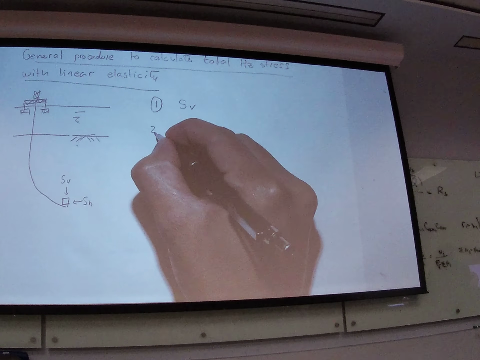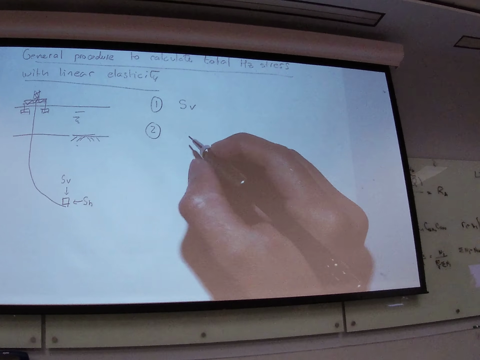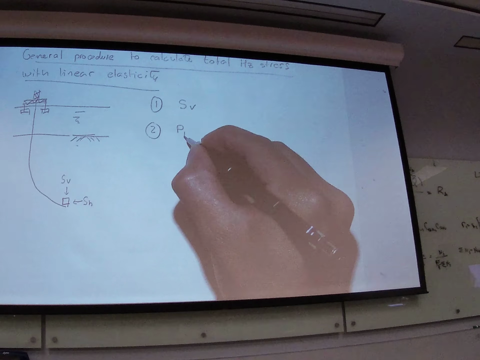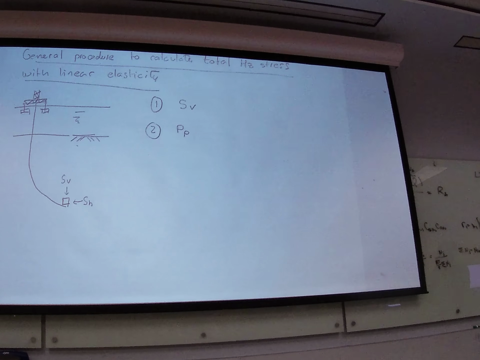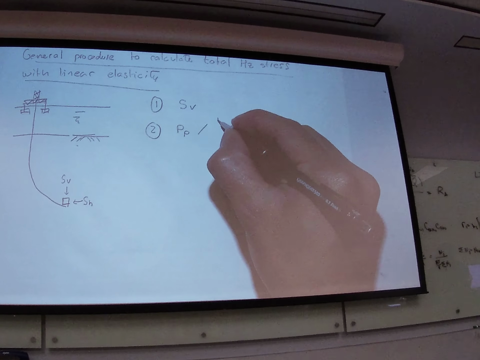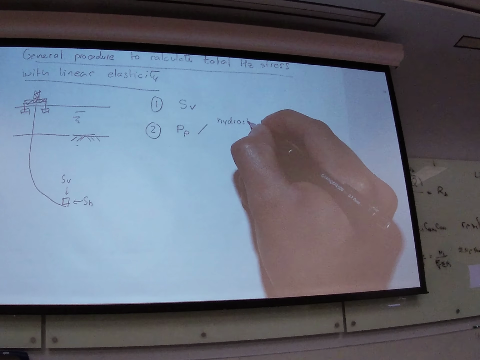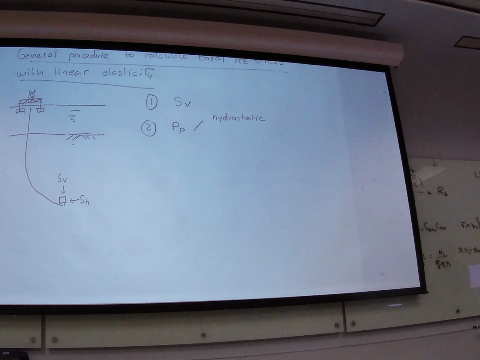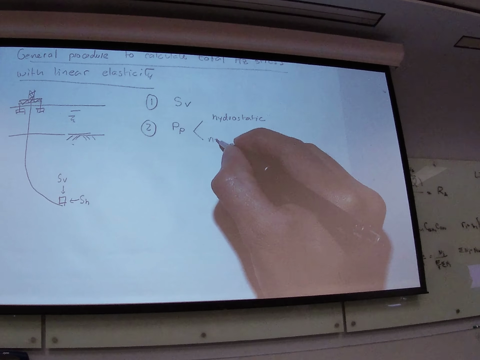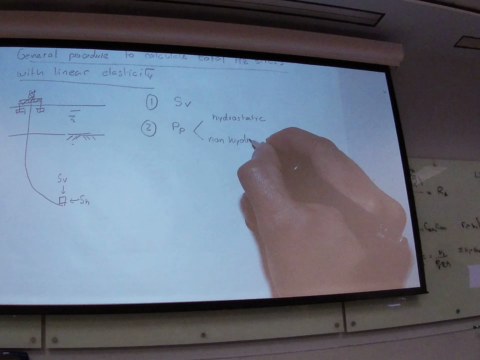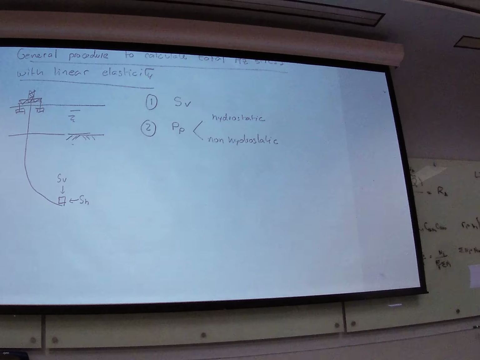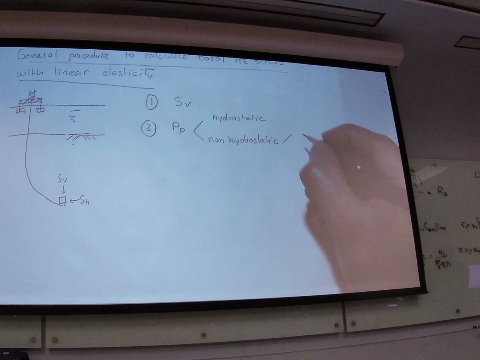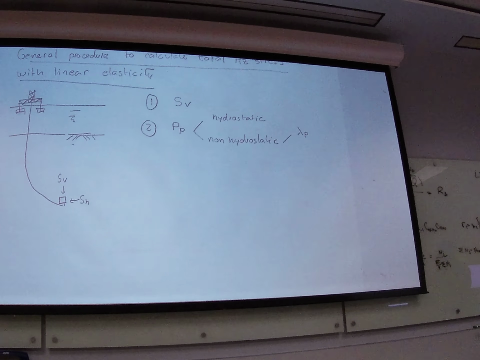Step number 2, you have to determine what the pore pressure is. Here there are 2 options. One option is that it's hydrostatic, and in that case, it's pretty easy to compute. And if it's non-hydrostatic, I might sometimes give you directly the value of lambda p.